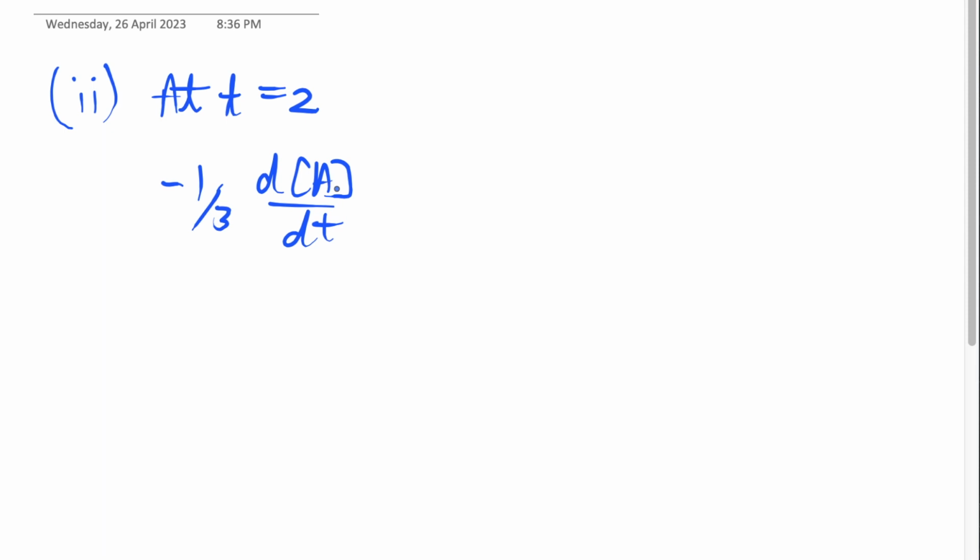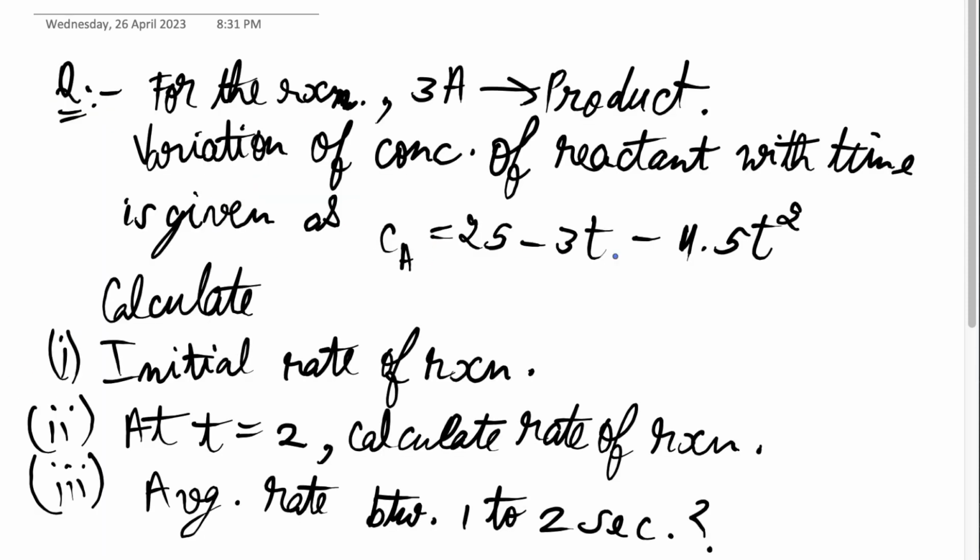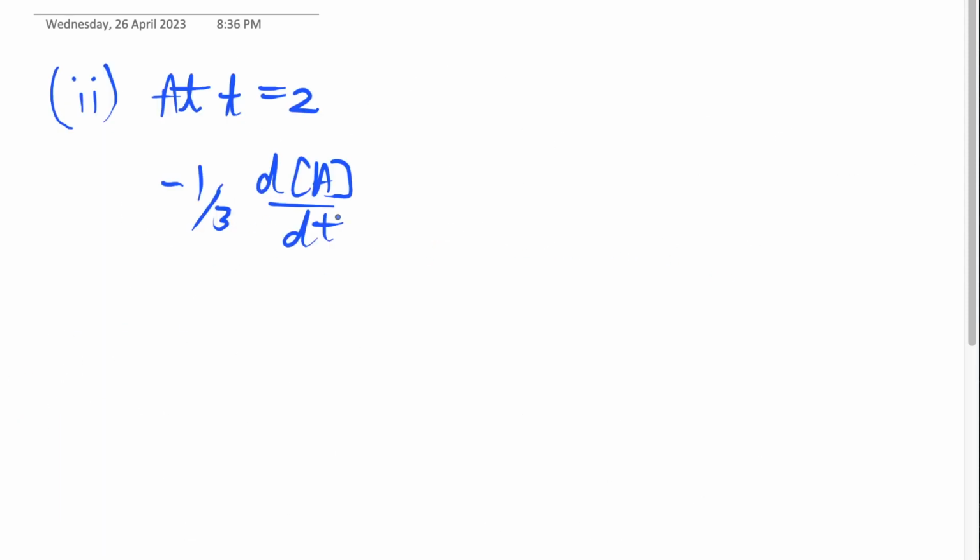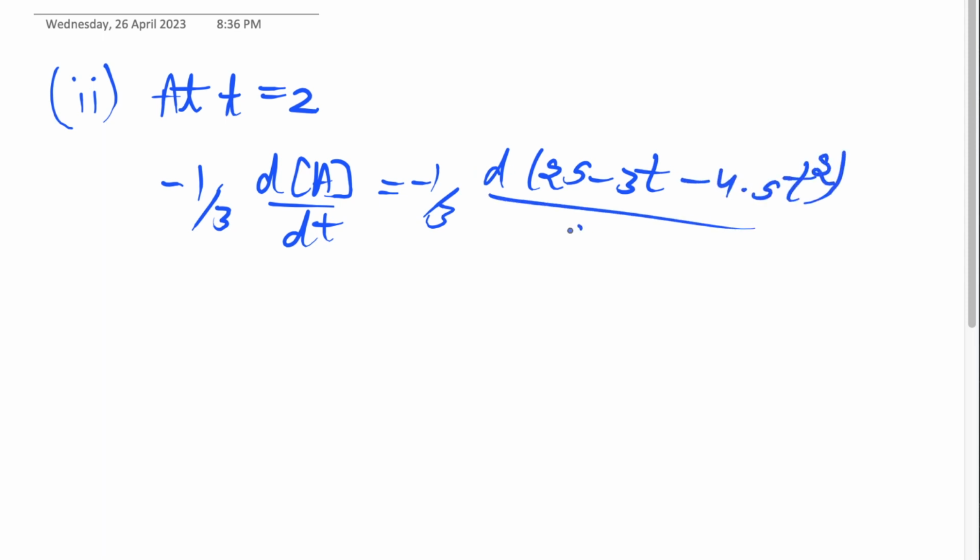The concentration of reactant is given by this expression. So minus 1 by 3 d of 25 minus 3t minus 4.5 t square upon dt. So minus 1 by 3, and its derivative is minus 3 minus 9t.